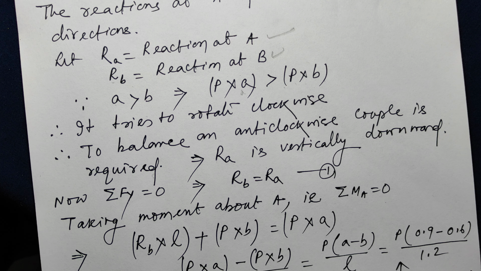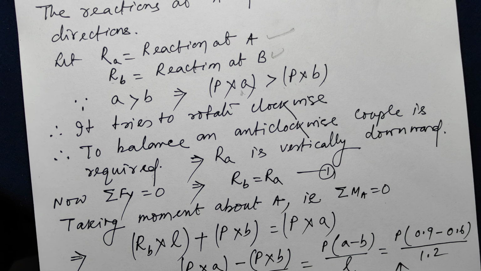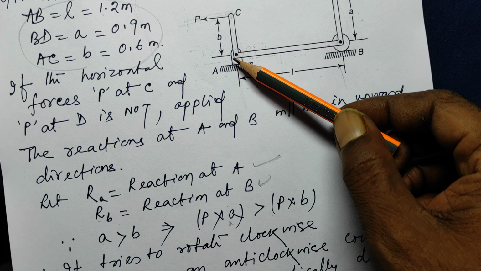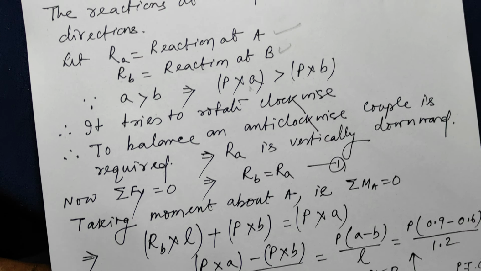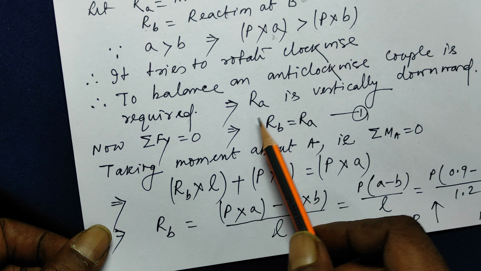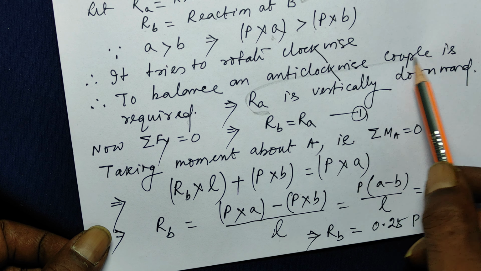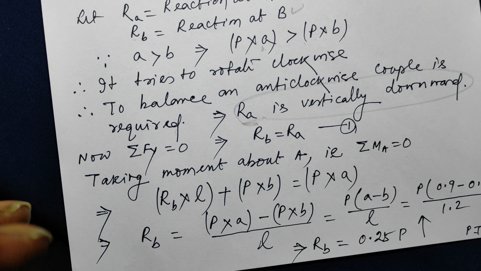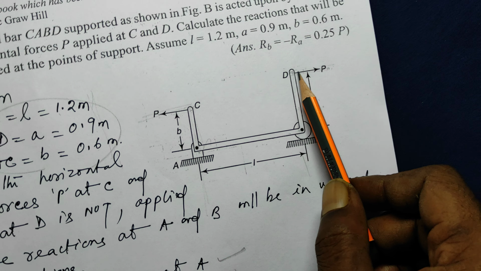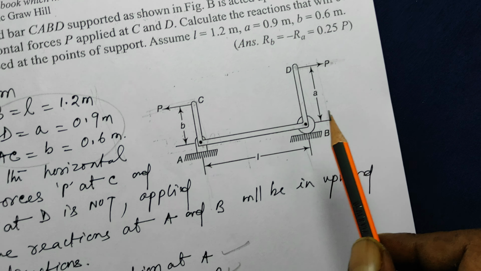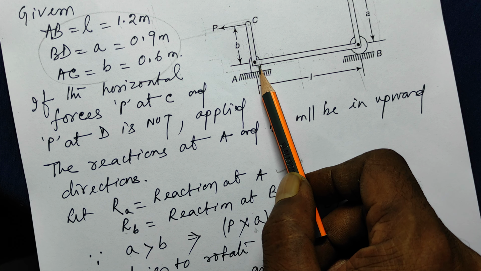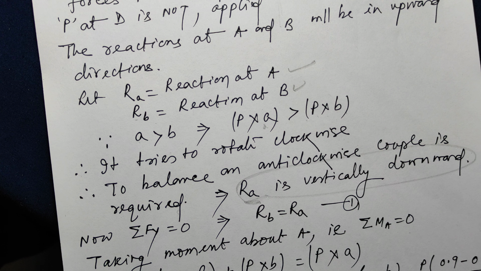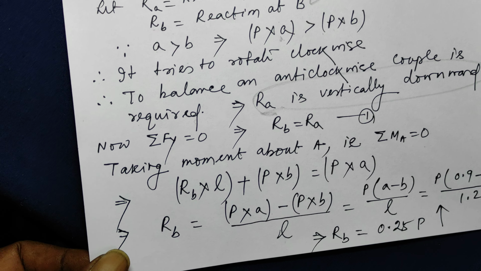Therefore the conclusion is that the reaction at A is vertically downward, right? This is to be understood: it has to be vertically downward to provide an anti-clockwise balancing torque, because this clockwise torque P times A is more than P times B. So the reaction force at A has to be vertically downward.